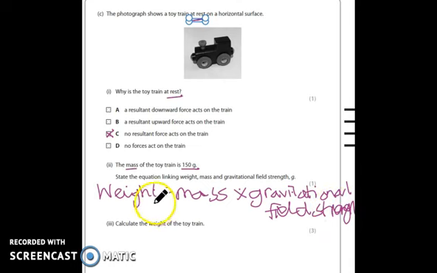Or, more simply, W equals mg. And there's one mark available for that. You are not allowed to write gravity for g. That is not allowed. The next part of the question asks you to calculate the weight of that toy train.